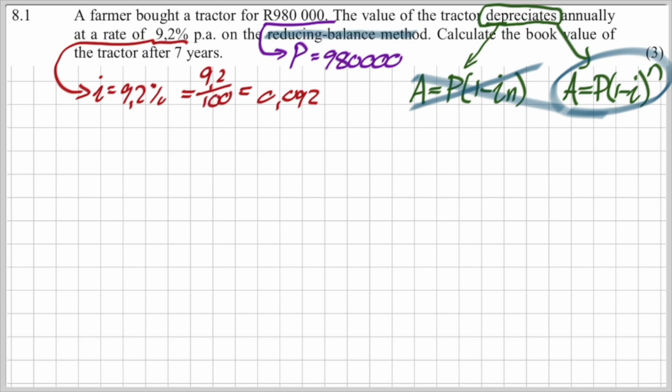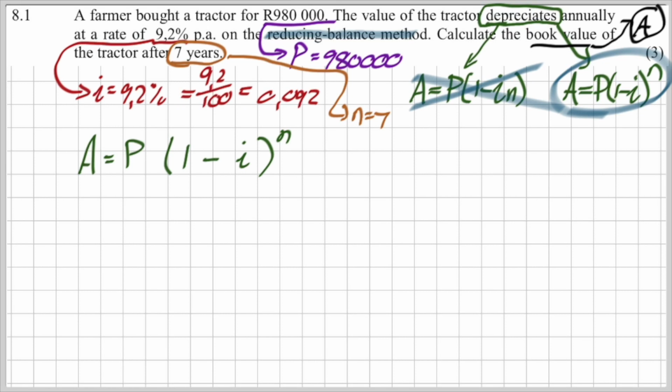The big question that they want to ask now is, calculate the book value of the tractor after 7 years. Book value, so they're looking for the A, and therefore n is 7. I love to break apart my question like that. So I've got 4 variables, A, P, i, and n. When I go to my formula, that's always my biggest starting point.